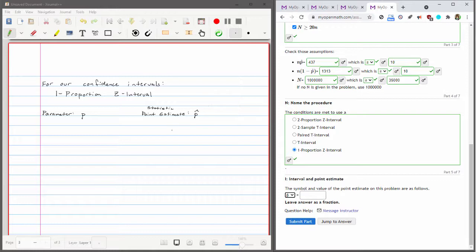And that's just the sample proportion. So that's just the cash transactions sampled, right? Those are the ones we're interested in, our yes answers, divided by all transactions sampled.